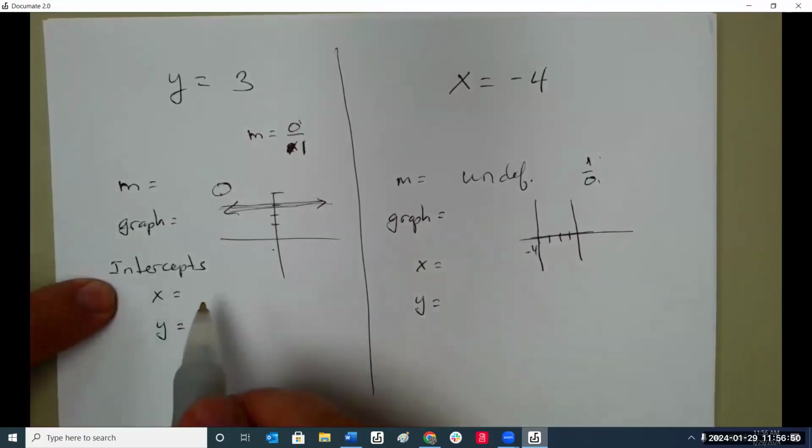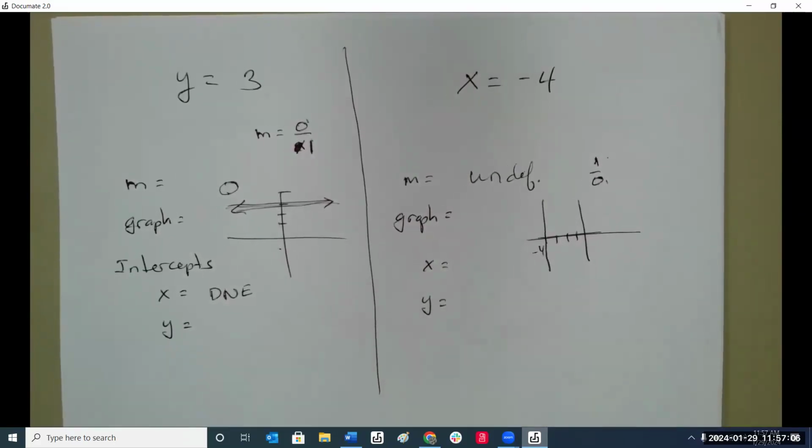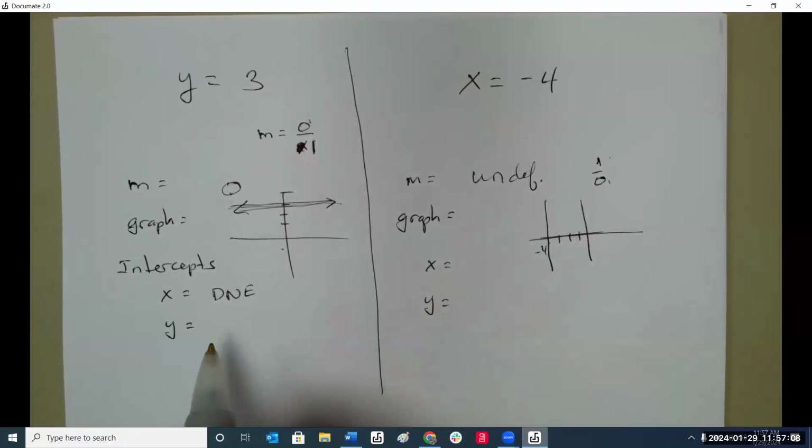What are the intercepts? What's the x-intercept? Undefined is not going to be right because this doesn't exist. It's not 0 because 0 is a number, so it doesn't exist. What's the y-intercept?